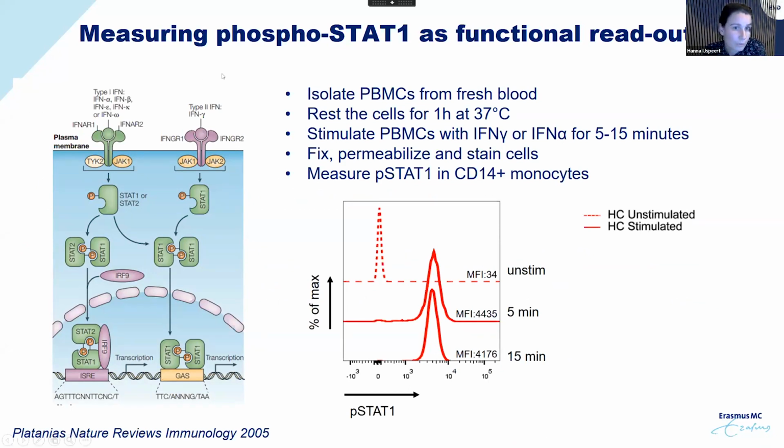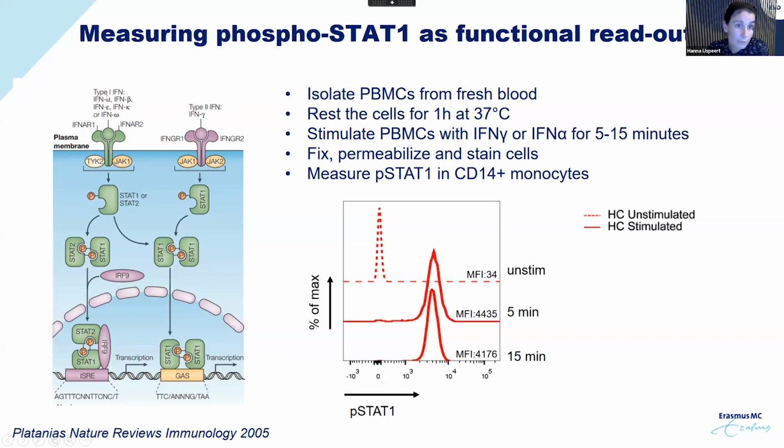We used both interferon gamma and interferon alpha because, if you look at the pathway on the left, the interferon gamma receptor 1 gene is important to form the interferon gamma receptor complex. If you stimulate with interferon gamma, it binds to the interferon gamma receptor, which leads to activation and phosphorylation of STAT1.